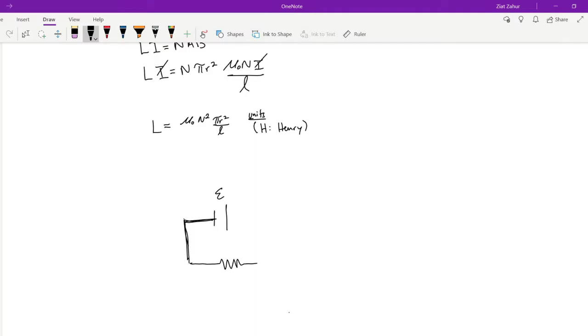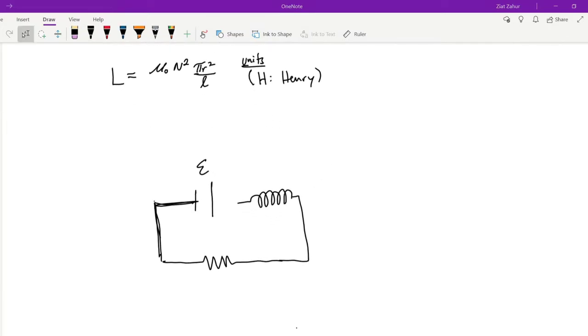Here's a resistor, and then we will draw a nice inductor. And let's go and put a switch right here at the start. Like so.